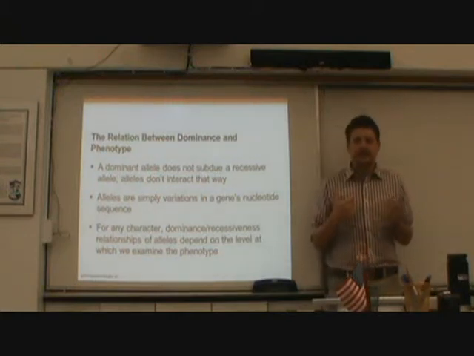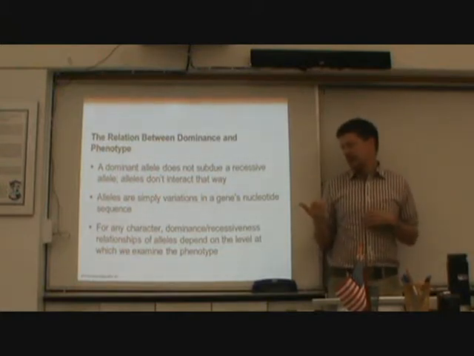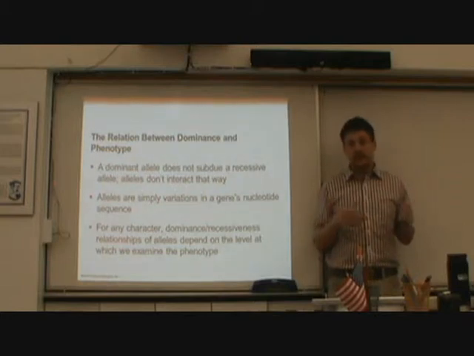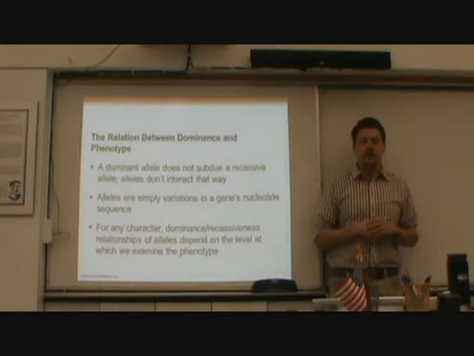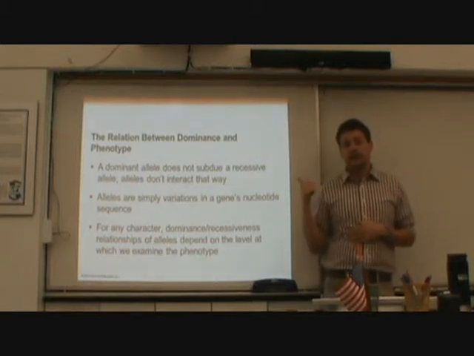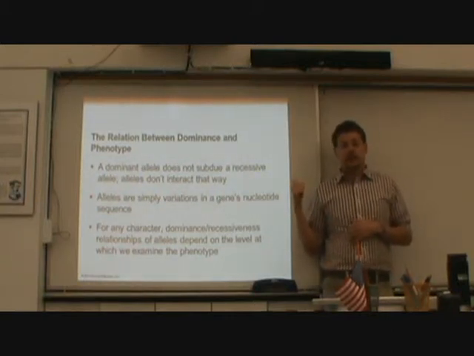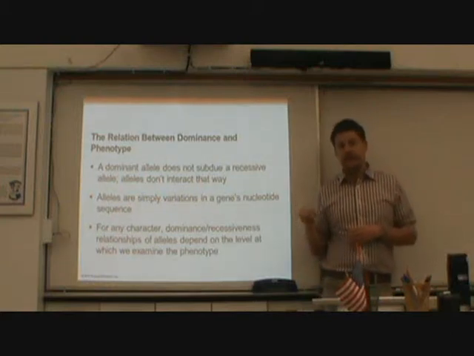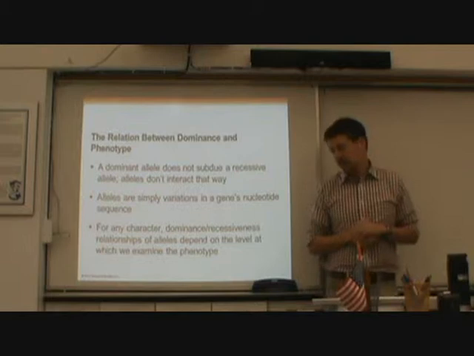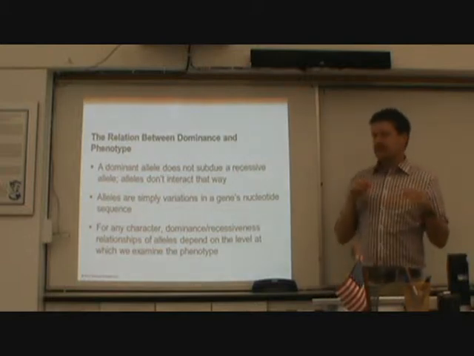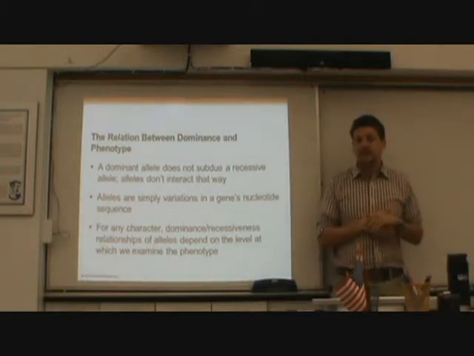All they are is just different variations in the nucleotide sequence, because all a gene is just a piece of DNA. And so, like what we saw when we were looking at the gene for flower color in peas, if you'll recall, it was just one little base pair that was changed. And so that's all it is, a different sequence of nucleotides.